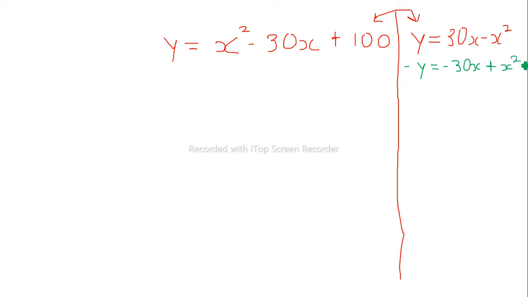So I didn't change anything, right? It's still the same thing, because all I did was negate everything. The next thing that I could do here is add 100 to both sides.